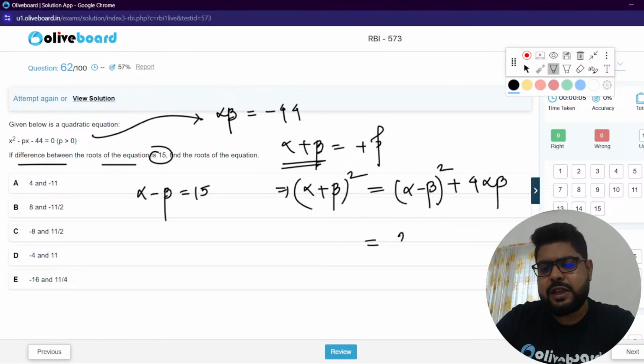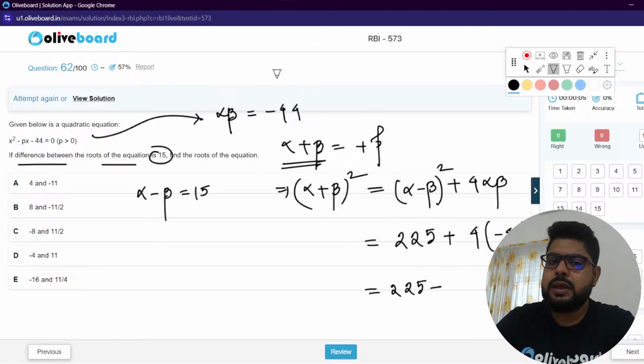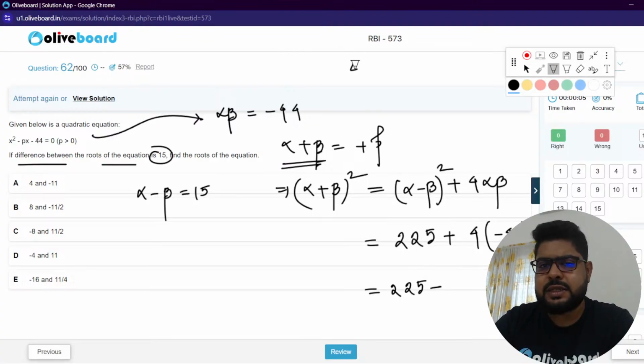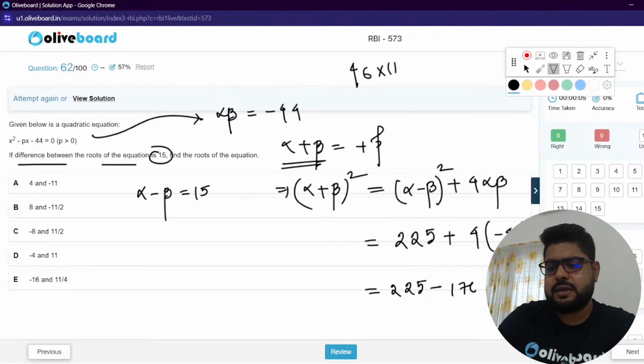So this is 15 square plus 4 into minus 44. So 44 meaning this is 16 times 11, 176. So this is 49, sir. So alpha plus beta will become 7.